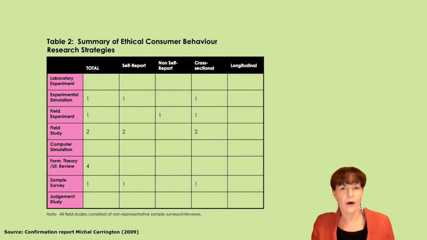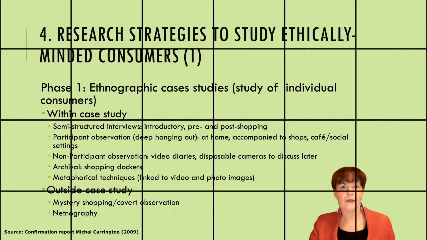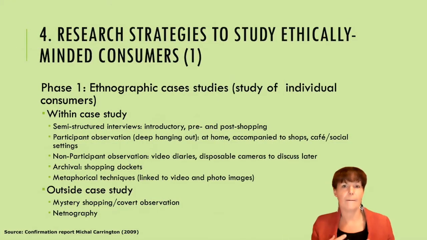What she did find is that most of the studies in the field had used either surveys or had only done literature reviews. The first thing she did is an ethnographic study because she wanted to more deeply understand why consumers behave the way they did.